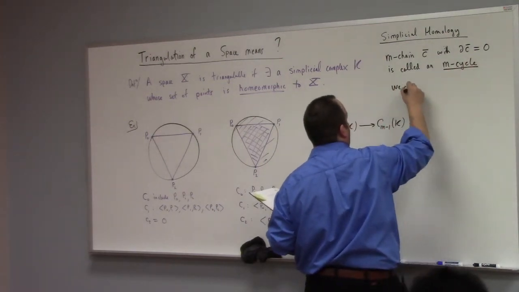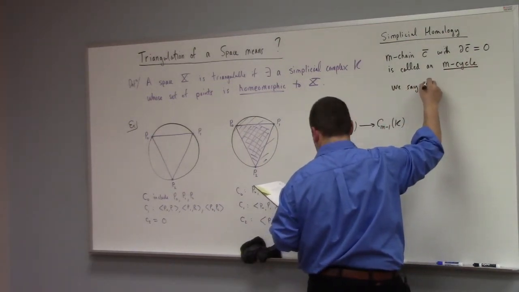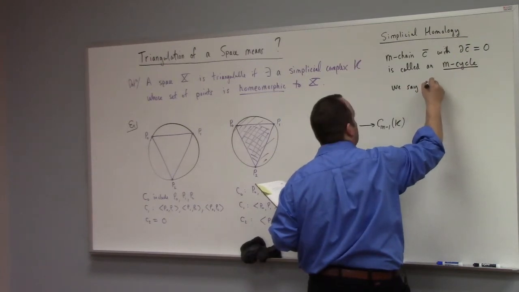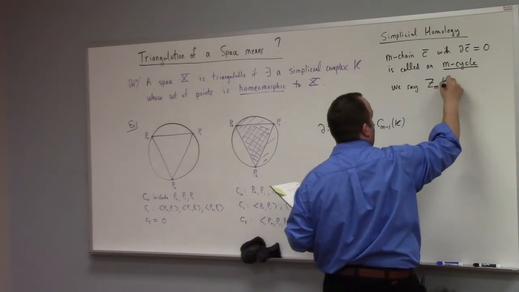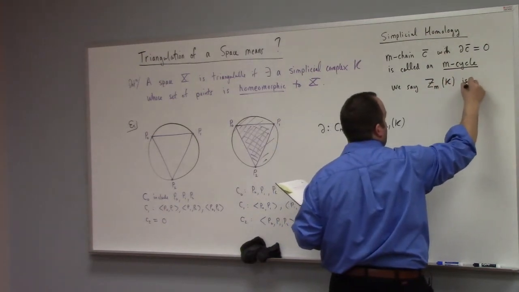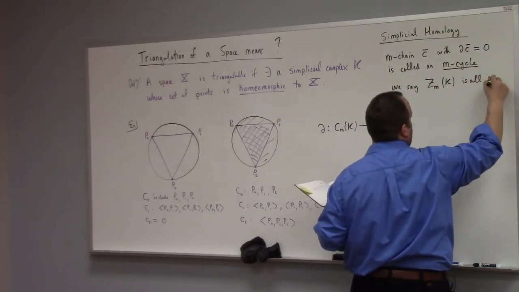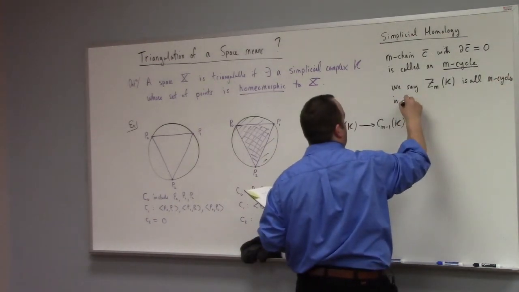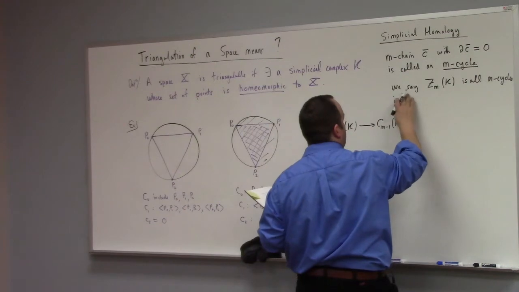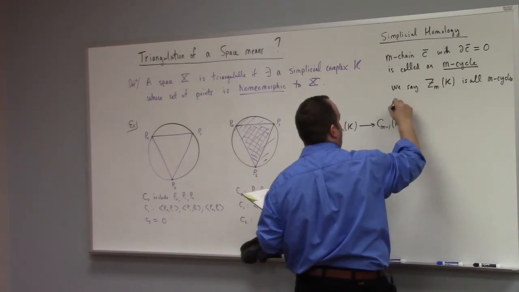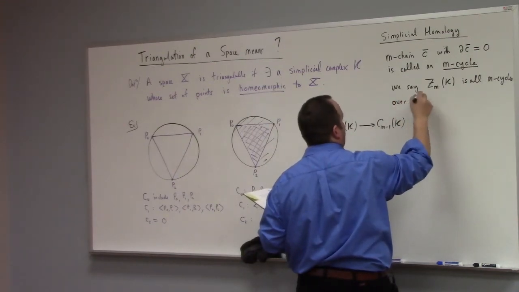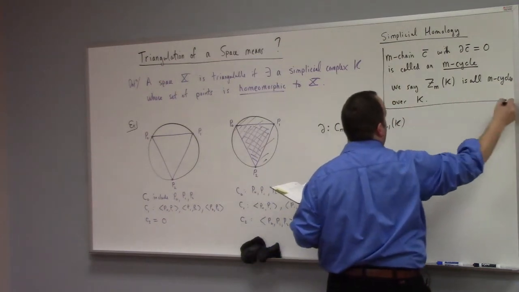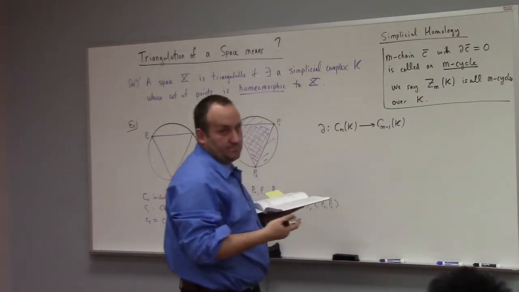We say Z_M(K) is all M cycles over K, let's say. So that's an M cycle.